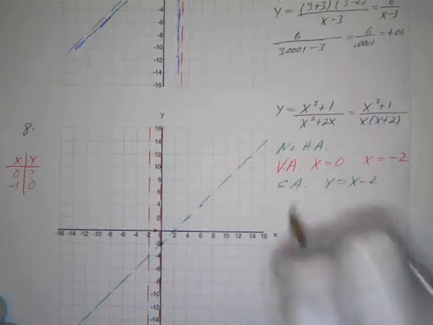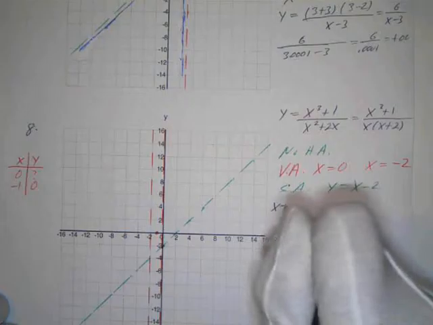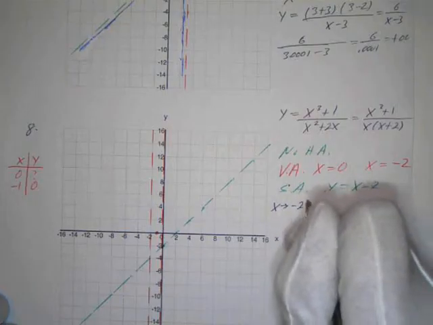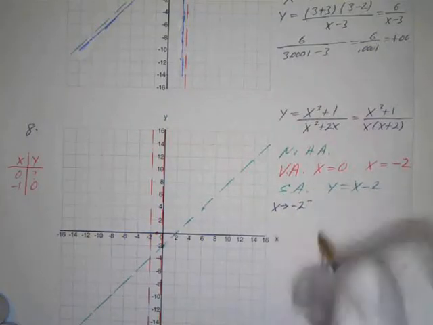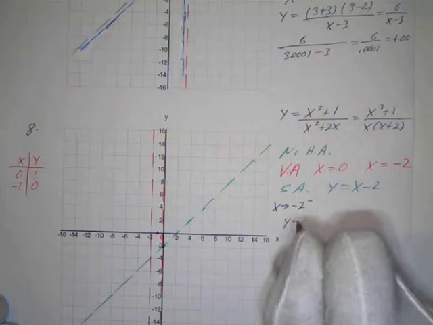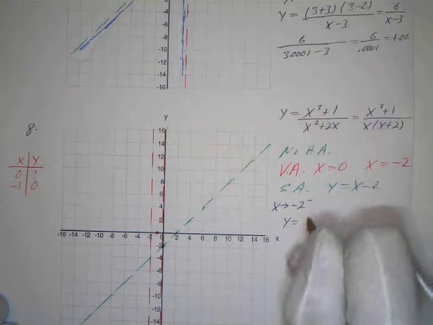Okay, so let's try as x approaches negative 2 from the left. So as x approaches negative 2 from the negative direction, I can put this in, y equals, and I guess I could use this form here.